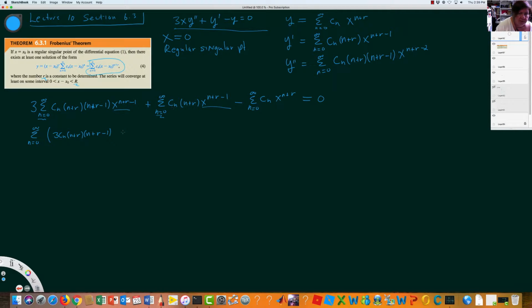Okay, and then on this term we get plus Cn (n+r). I guess we could have pulled out the Cn too, right? Okay, whatever. And that's all times x^(n+r-1). Alrighty, and then minus this other term, so minus the sum n equals 0 to infinity of Cn x^(n+r). Sorry, that looks like a v, r. And that's equal to 0.